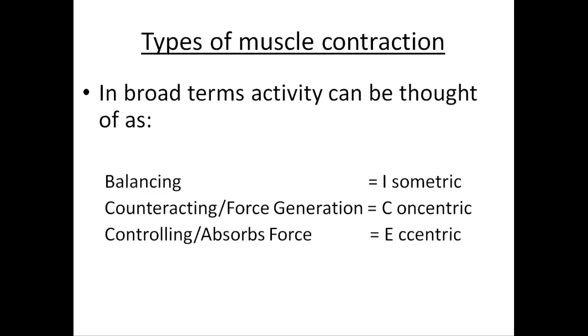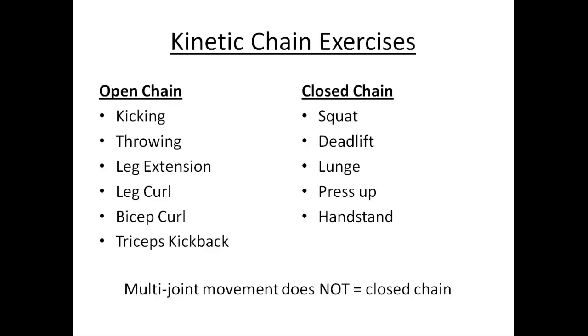Concentric, if we're using the example of a bicep curl, is when we've got the weight in our hand and we're bringing the fist up towards our shoulder, and then as we lower down, that's the eccentric phase as we lengthen under load. So concentric is the positive phase, the lifting phase. Eccentric is the lowering phase. Isometric is normally done in mid-range.